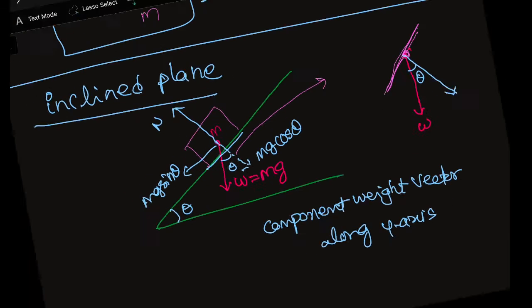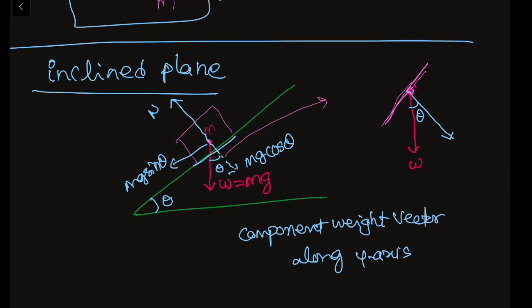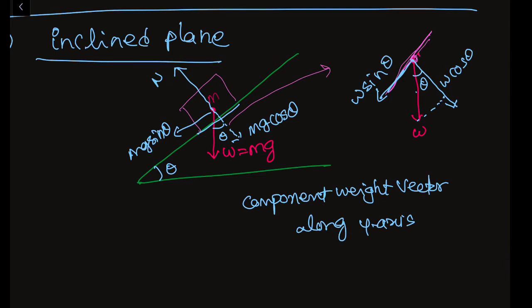Once you can see here, we can get W cos theta and W sin theta. In the vector diagram we can observe this easily. Got it?